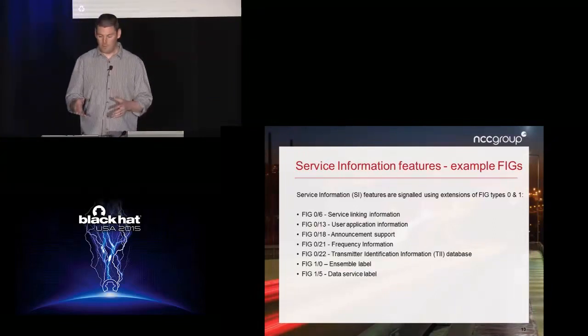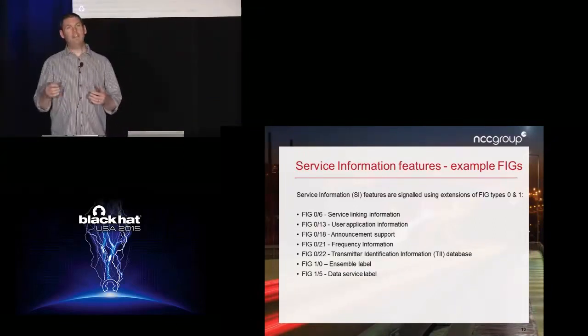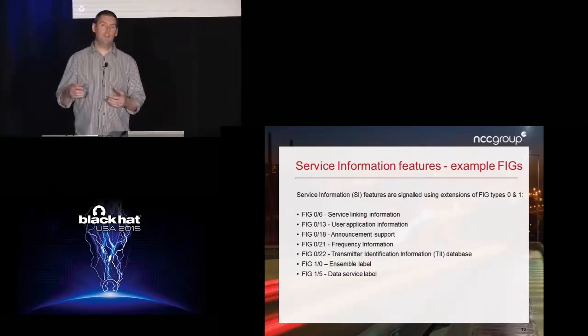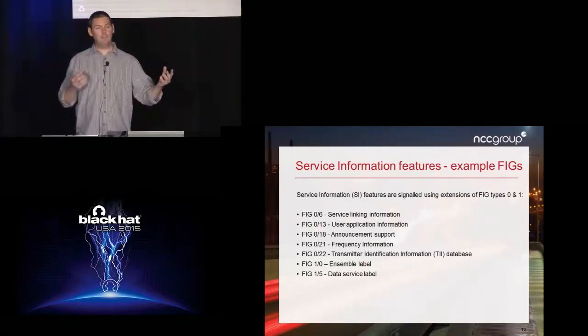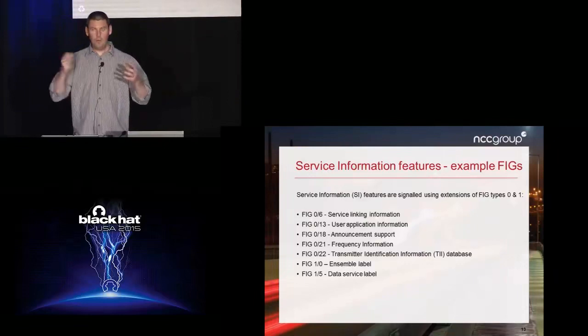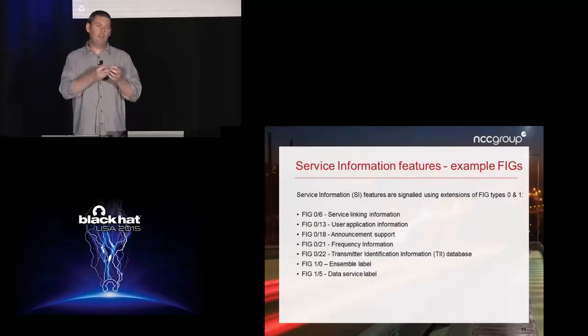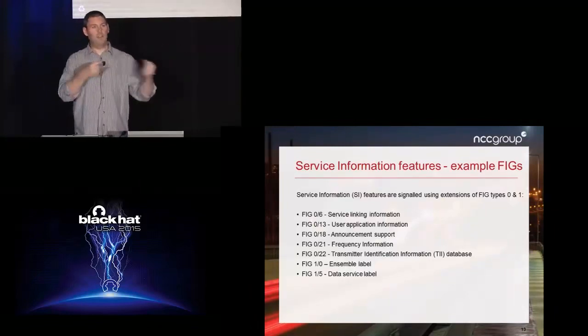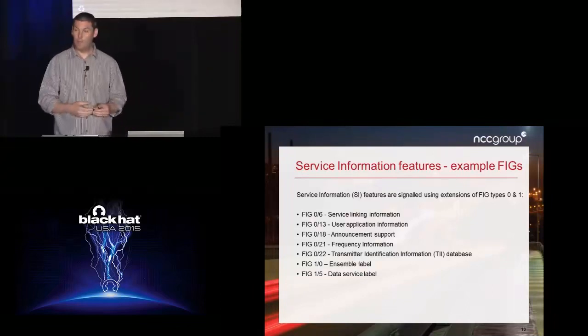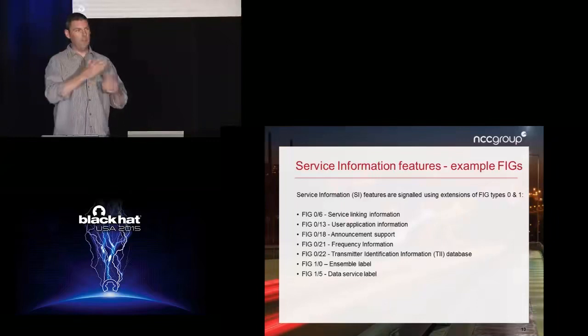Service linking information, for example, is a function, and that is where if you're driving in your car and you're listening to a radio station, and as you move into a different geographic location, the audio associated with that radio station is provided on a different frequency, your radio will have a database of information, so it will know that as you move out of one region into another to seamlessly transfer over to the different frequencies so that you're getting the correct audio stream, and you don't notice the fact that the signal drops and then picks up again.